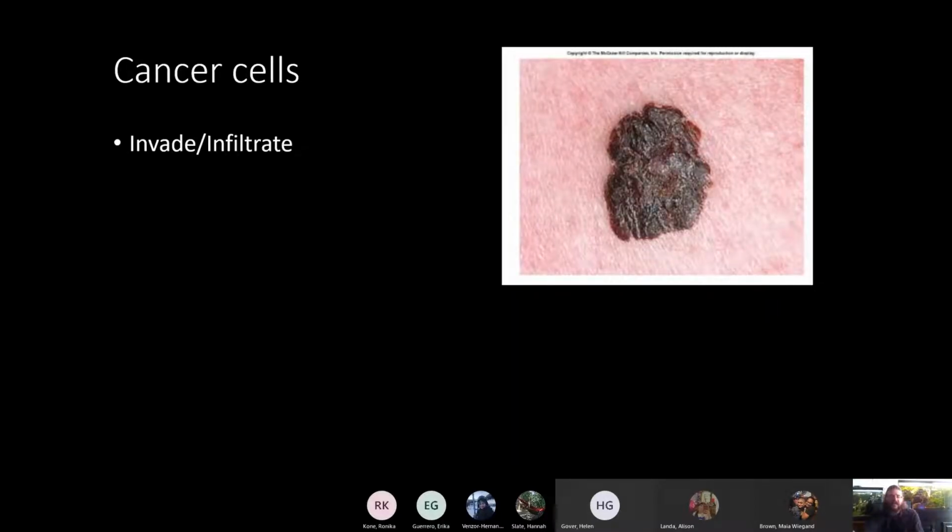So cancer cells invade and infiltrate an organ.